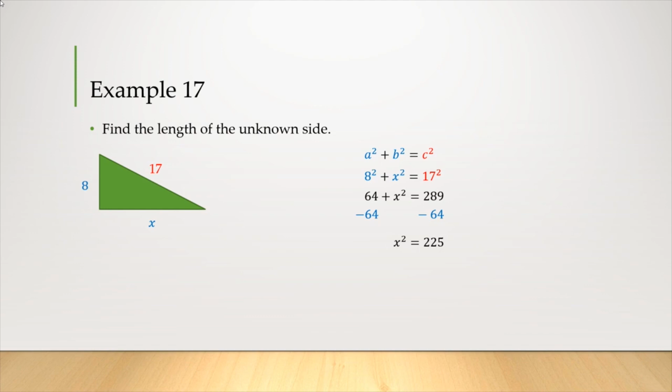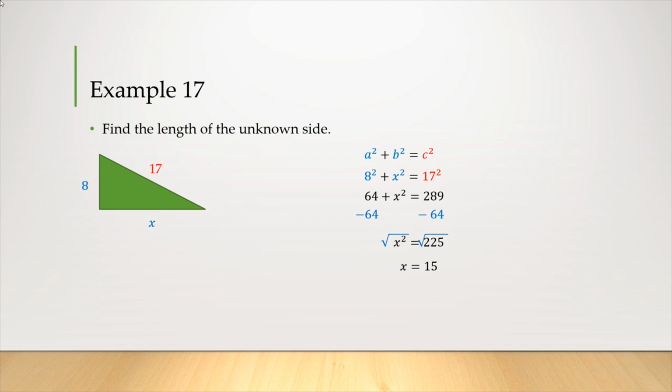And then what you would do, you do the opposite of squaring something, which is square rooting something. And when you have an equation, whatever you do to one side, you do to the other side. So here we're going to take the square root of both sides. The square root of a square just cancels, leaves you with x equals the square root of 225, which is 15.